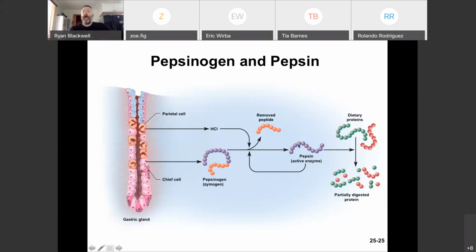Both can convert inactive pepsinogen into highly active pepsin. The take-home message is this. In the stomach, the most chemical digestion is the digestion of proteins, thanks to hydrochloric acid from parietal cells and pepsinogen, which gets turned into pepsin, from chief cells.